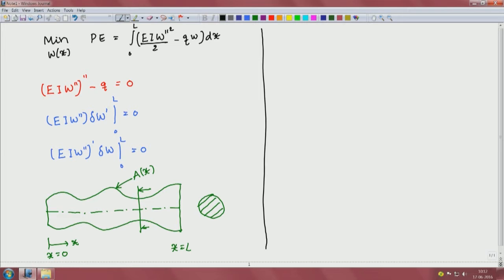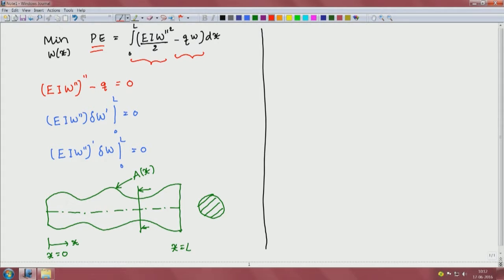So, let us recap what we discussed in the last lecture, where we wrote potential energy, where we have the strain energy and then the work potential. Work potential once again is the negative of the work done by external forces.